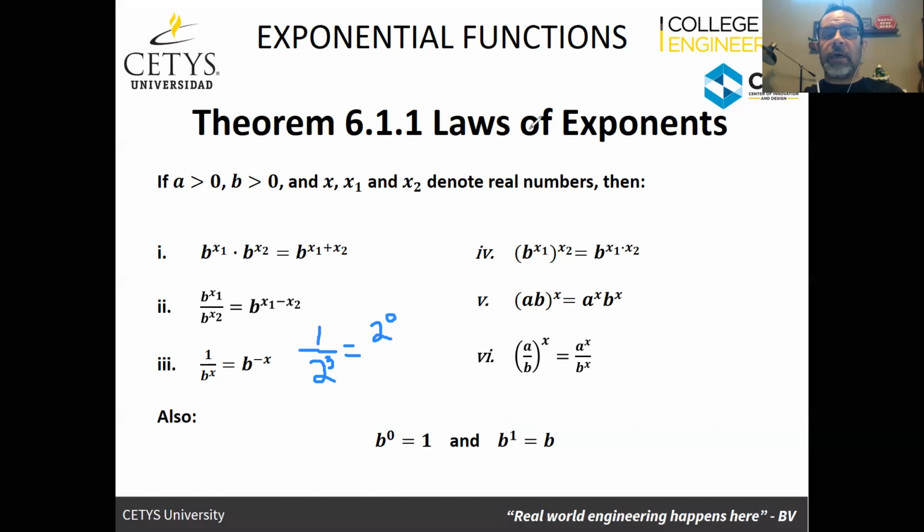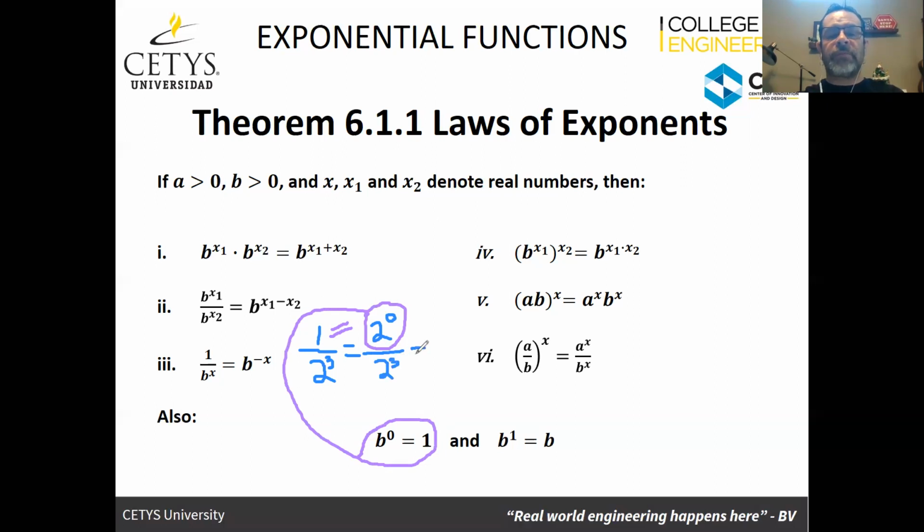Why is that? Well, there's another law of the exponents which is important to mention. That law says that anything that's elevated to the 0 is always going to give me 1. So 2 elevated to the 0 is equal to 1. And then I've got this divided by 2 to the 3.